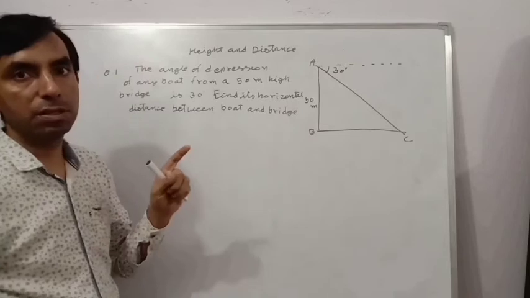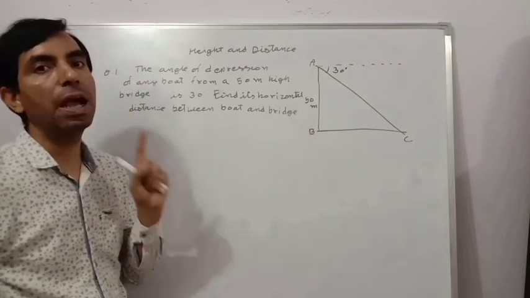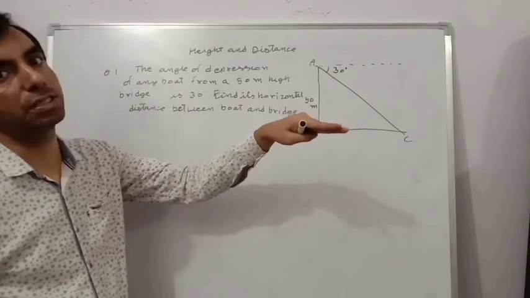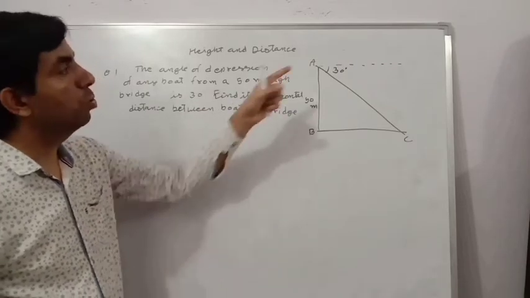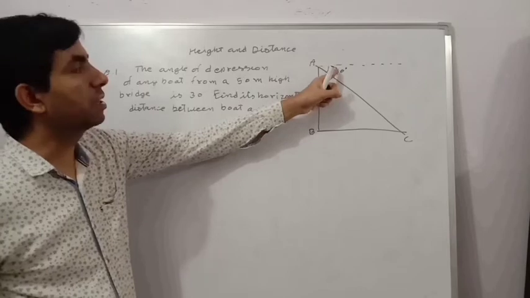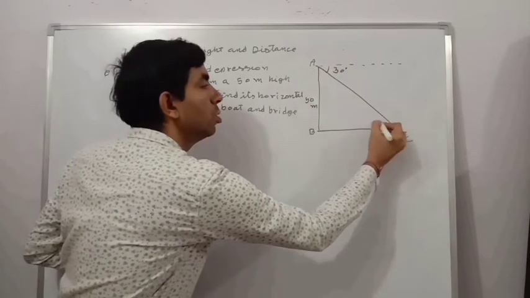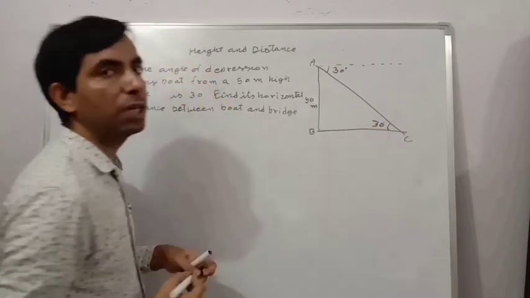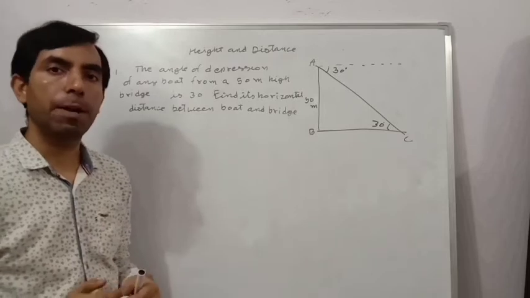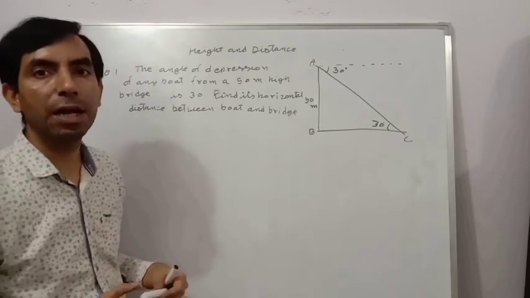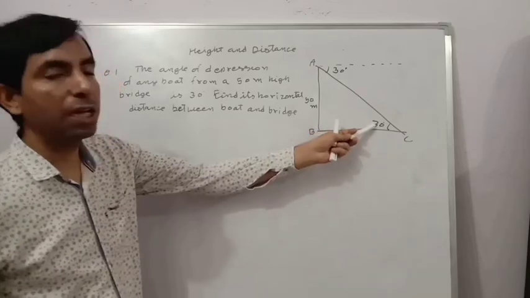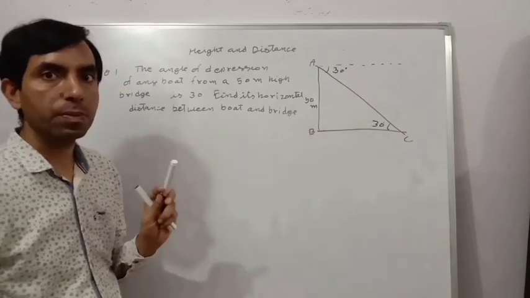Anything makes an angle with the horizontal axis. Elevation and depression are both the same. So if this angle is 30 degrees, then this one is also 30 degrees, because if two lines are parallel and one transversal intersects them, then alternate angles are equal. So the elevation angle is also 30 degrees.